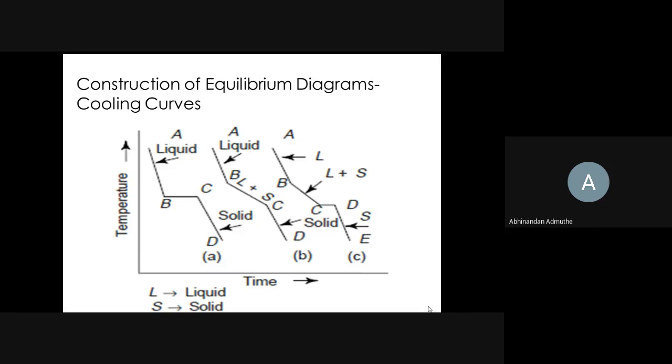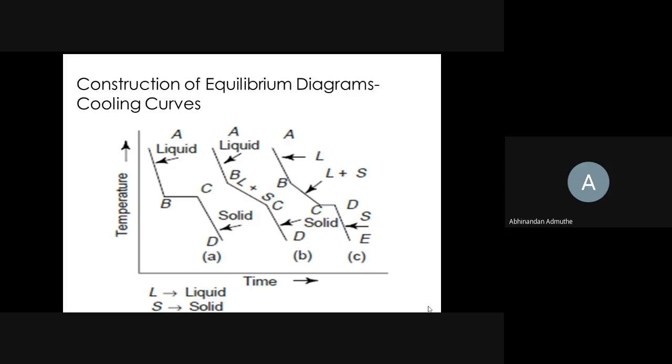Now, first of all, the question that always comes to mind is how to generate the cooling curves. In order to generate the cooling curve, let us perform a very simple experiment called thermal analysis.